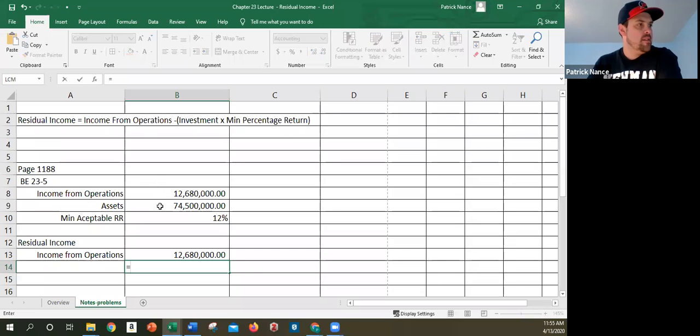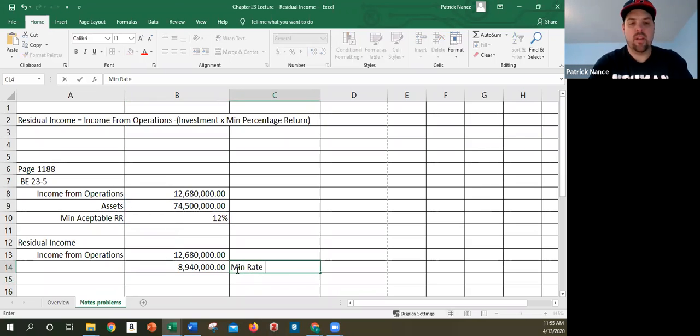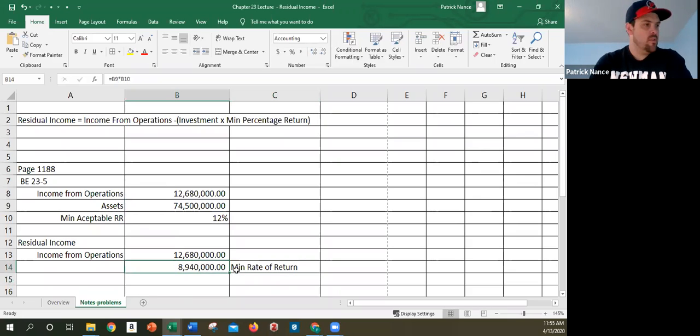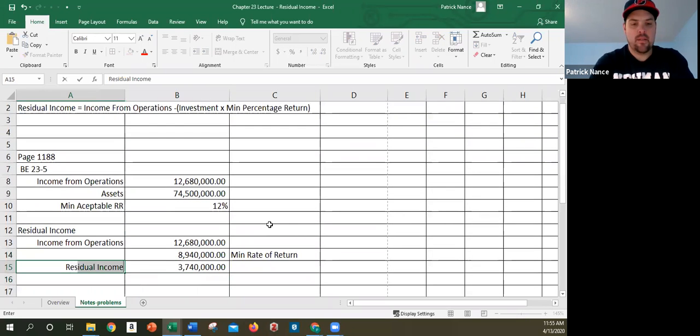So the investment is the assets times 12%. So this is the minimum rate of return. Next, I would take the income from operations minus 8,940,000, which is, remember, that times that, to get the residual income.